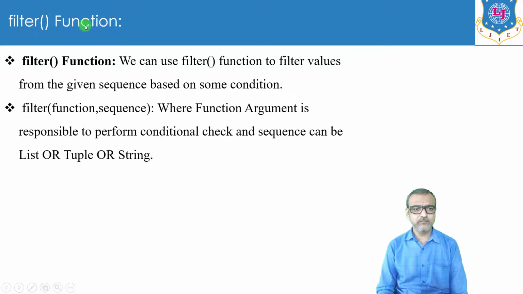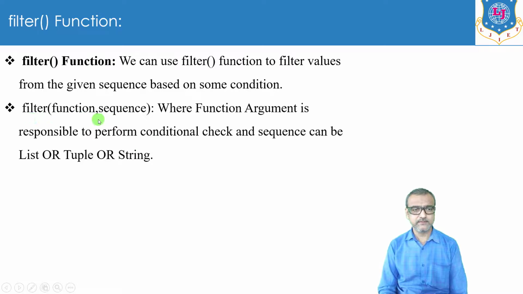Now we will see filter function. We can use filter function to filter values from the given sequence based on some condition. Filter, in parenthesis we have to write down function and then sequence.